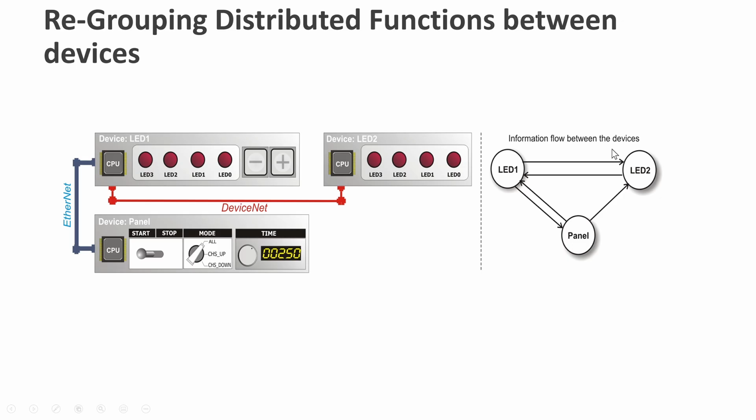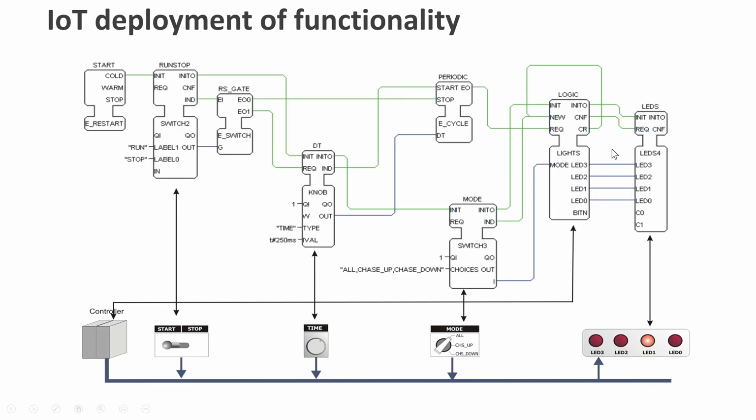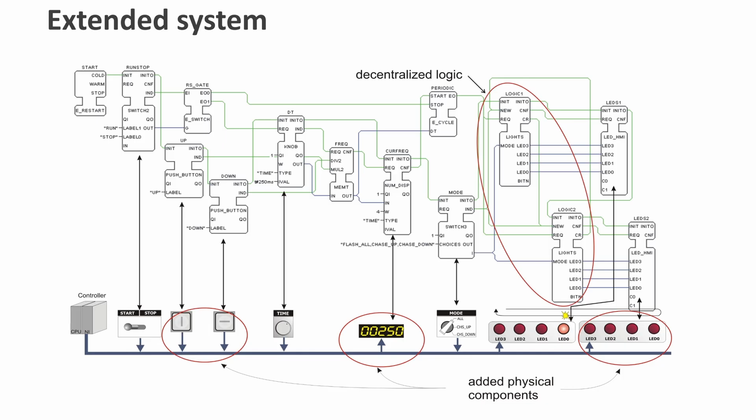So let's take our original function block diagram. That's almost the same function block diagram as you've seen before for the Flasher application, where one function block corresponds to one of these end devices, and then we just add more devices and add more function blocks. So you see that we extended the array of lights with 4 more lights.